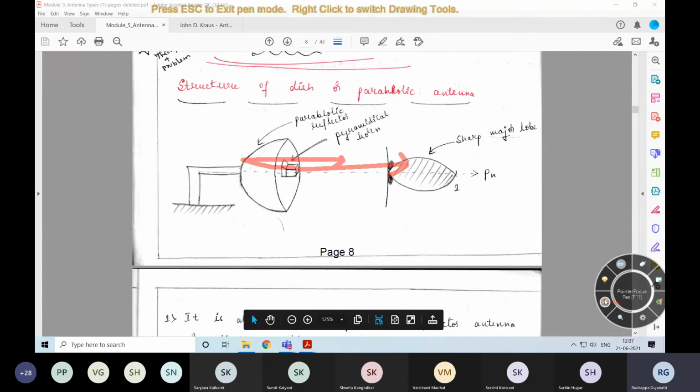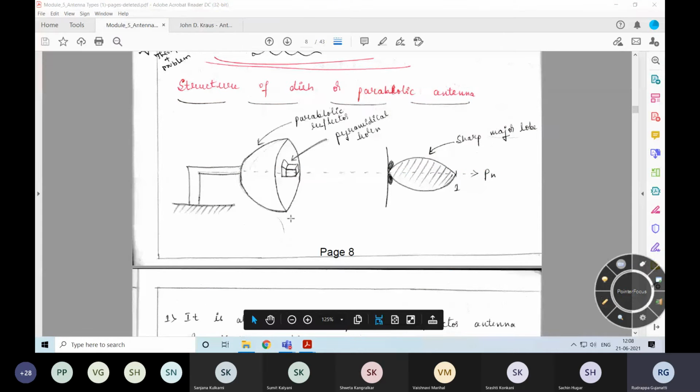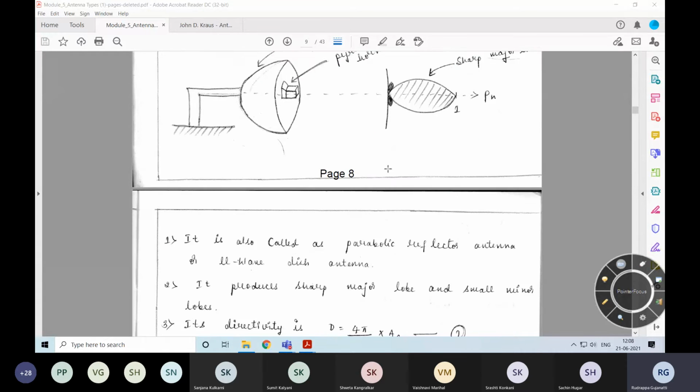These are the two things we can achieve with the parabolic structure. If I consider this as the axis of the entire structure, the parabolic antenna or microwave dish antenna, we observe that along the axis we have the maximum, that is the peak value. This is the structure pertaining to the parabolic dish antenna.